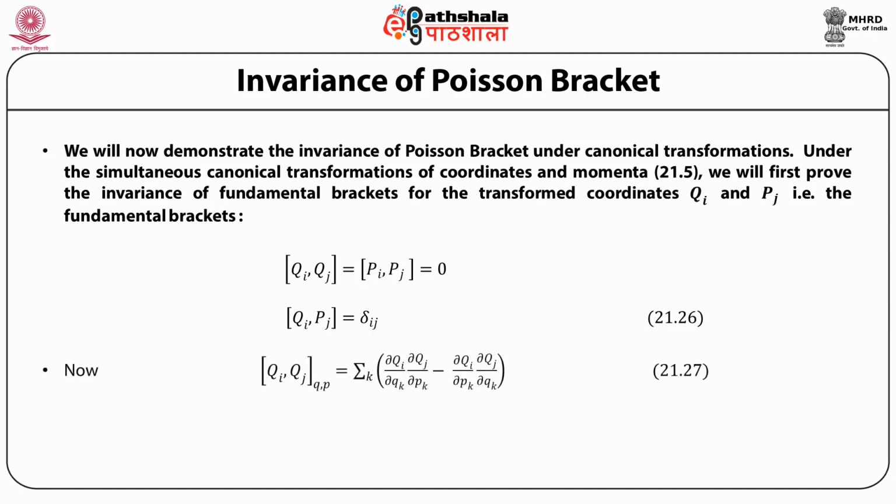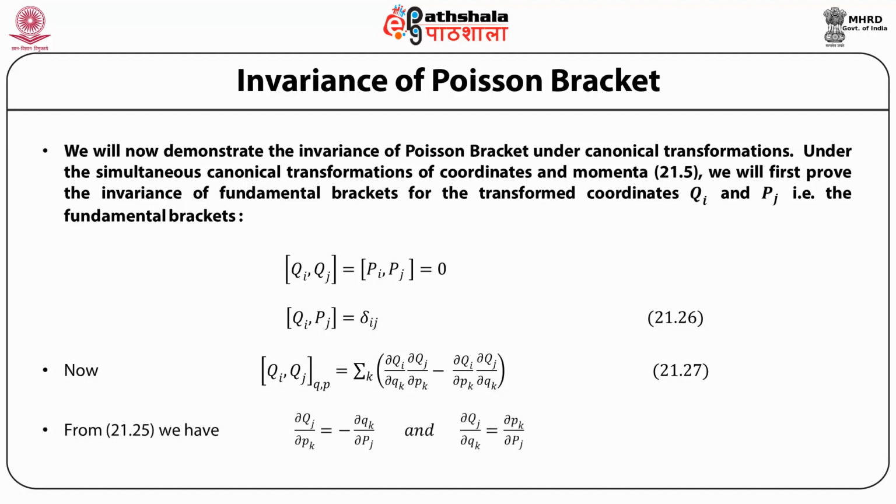Now, from the definition of the Poisson bracket, we can write Qi, Qj Poisson bracket equal to sigma over k partial derivative of Qi with respect to qk and so on, as given in equation 21.27.